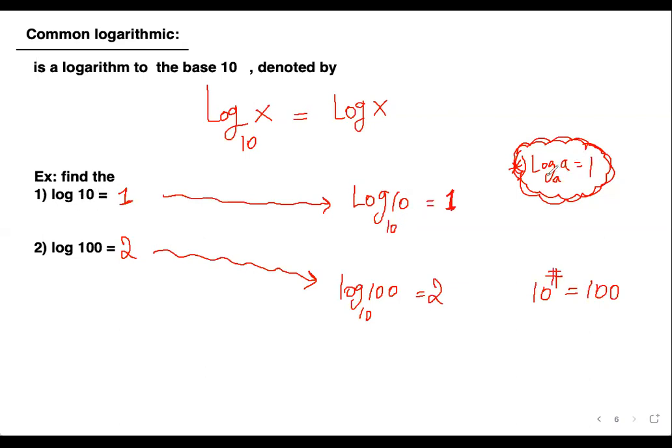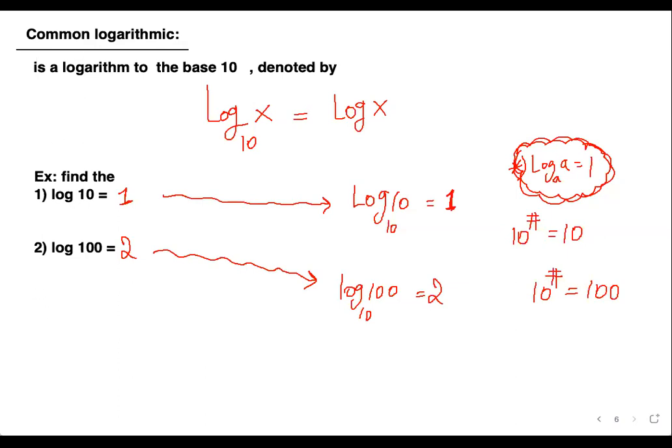You can use the property log a to the base a equals 1, or you can ask yourself, 10 to which power gives me 10? If you raise it to the power 1, it gives me 10. So the answer is 1. Same thing here. Log 100 to the base 10. 10 to which power gives me 100? So the answer is 2.